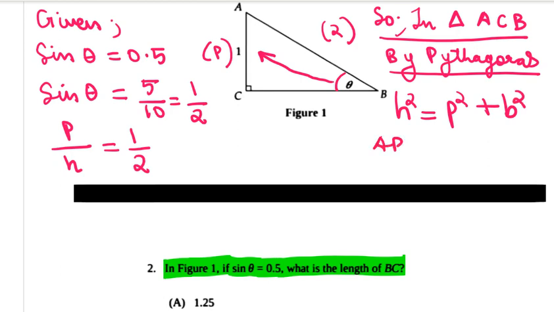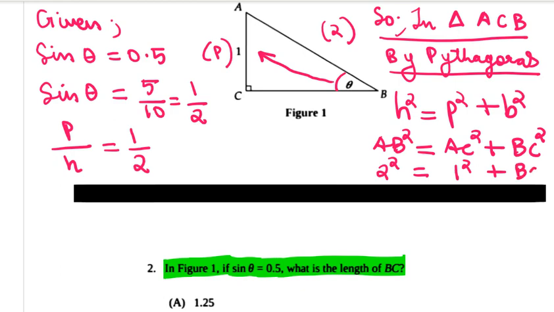Hypotenuse is AB square, perpendicular is AC square, and the base is BC squared. What is AB? 2 squared. What is AC? 1 squared plus BC squared. From here you have to do 2 square minus 1 square is equal to BC squared.